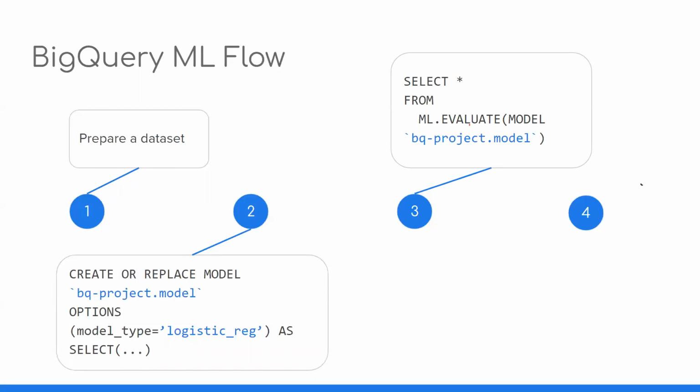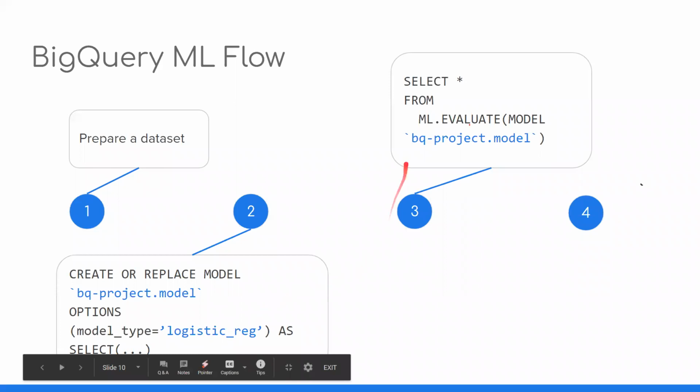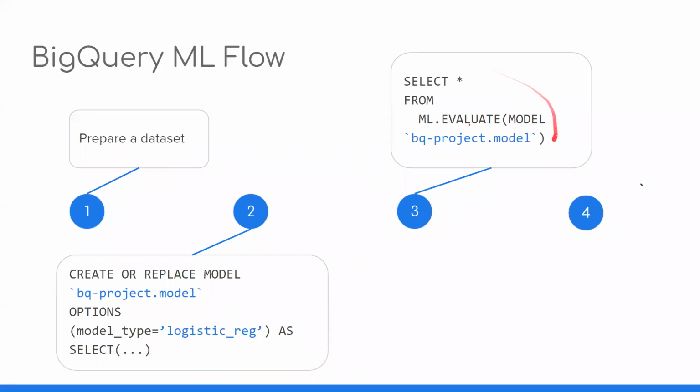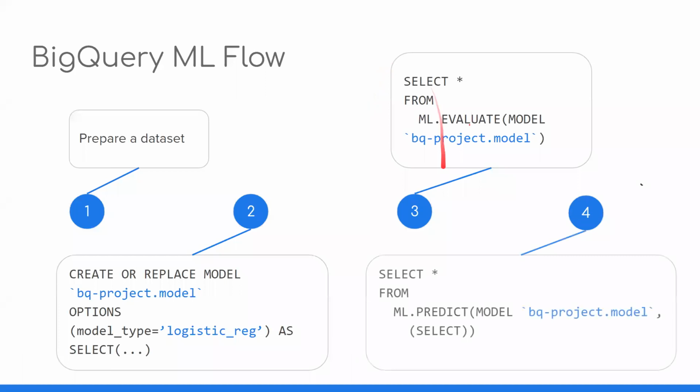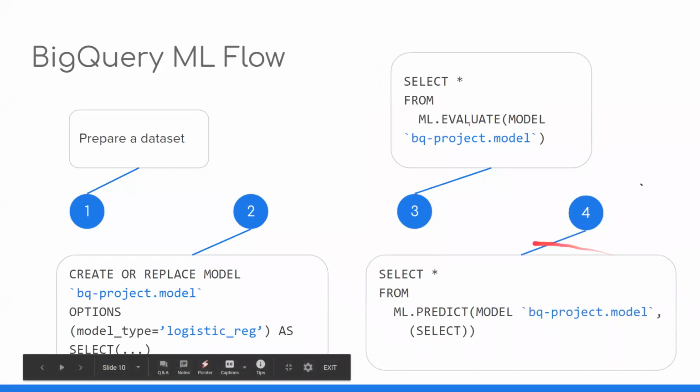And this create or replace model does your training, but after the training is done, you have to do the evaluation of your model, and you can get some metadata out of your machine learning model to see how well it has been trained and see if it's good to use. And finally, you can do predictions, right? So you can feed new data into your trained and saved model, and you can get predictions out as well.